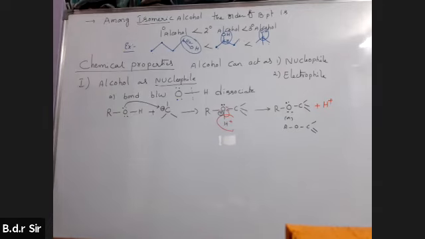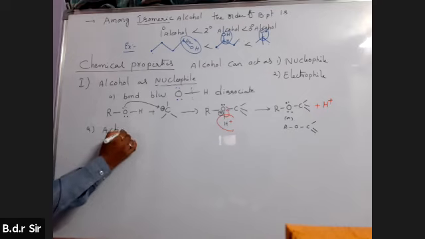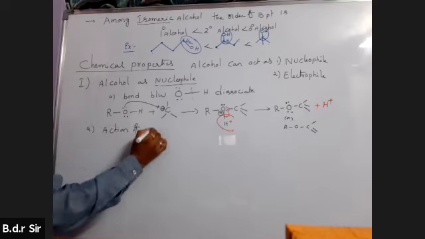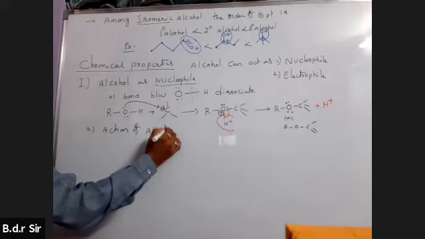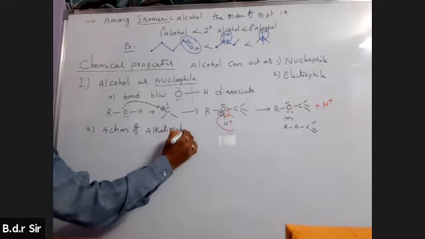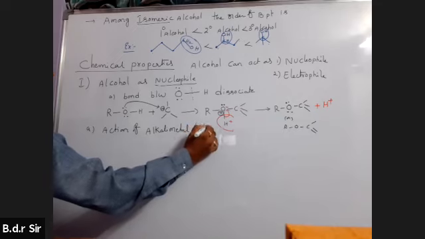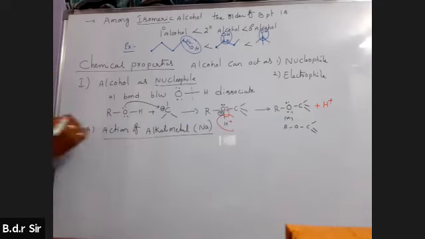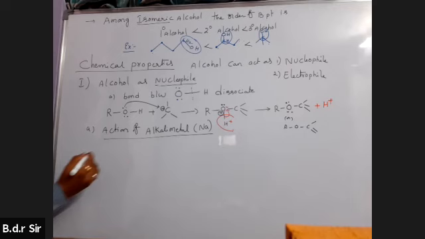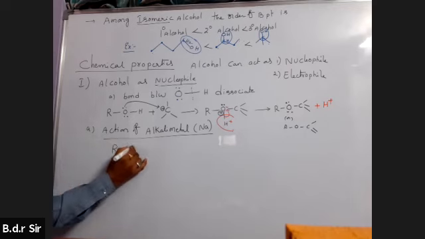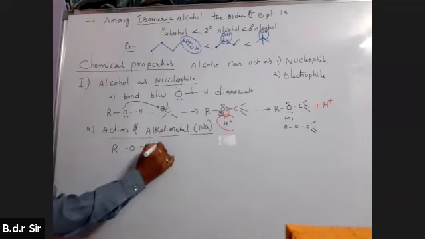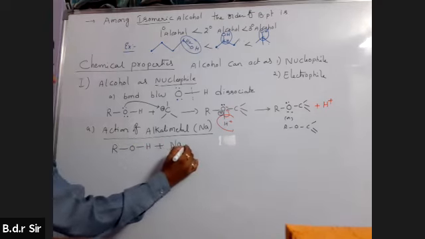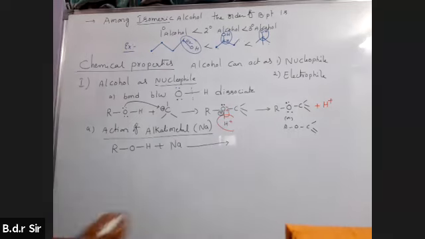First, action of alkali metal, generally sodium. General reaction: alcohol reacts with sodium metal and gives what product?